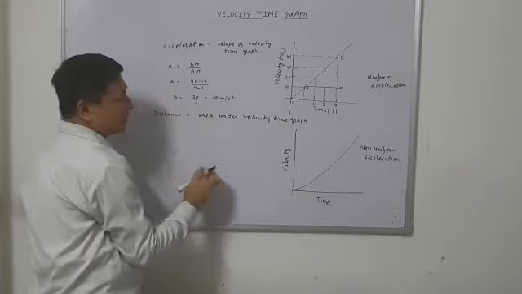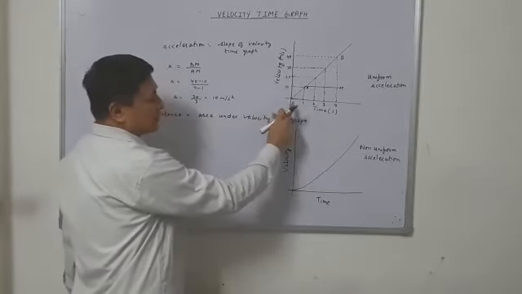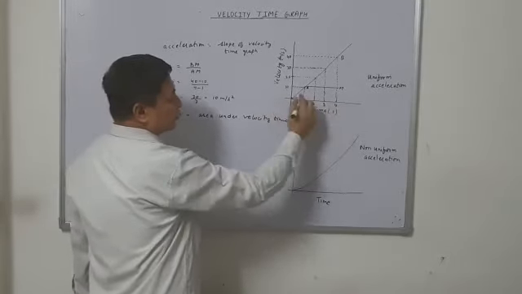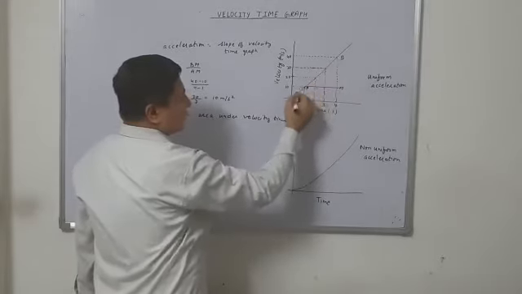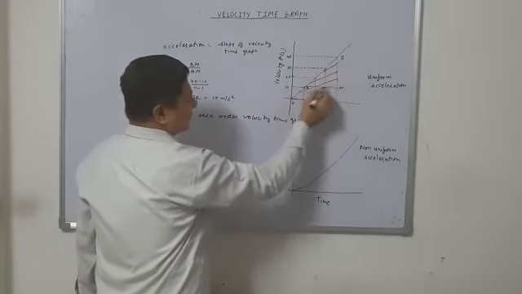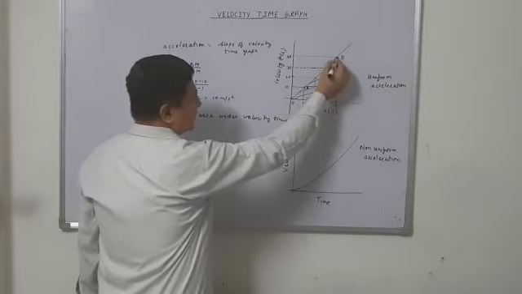If I want to find the distance traveled during the 4 seconds, I have to find the area of this figure.